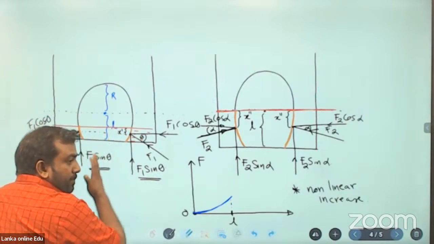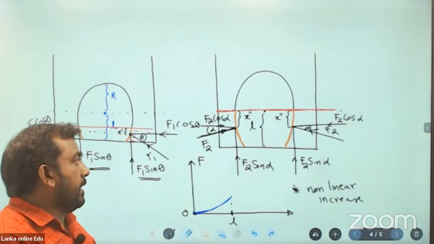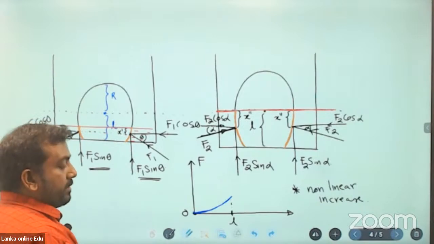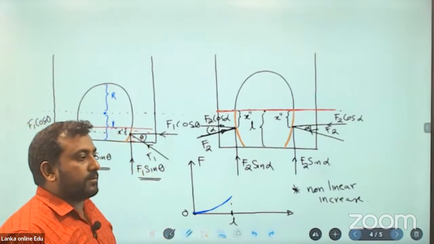But the vertical pressure forces will remain.